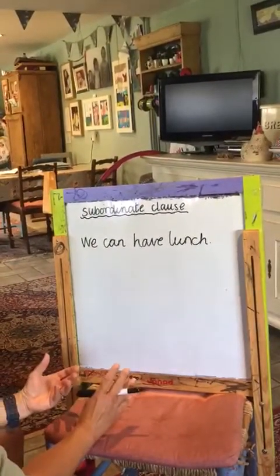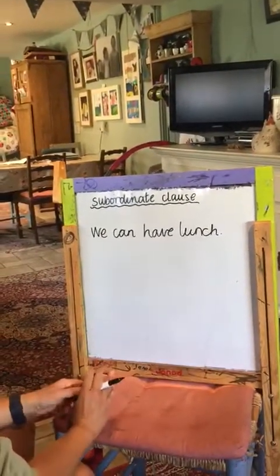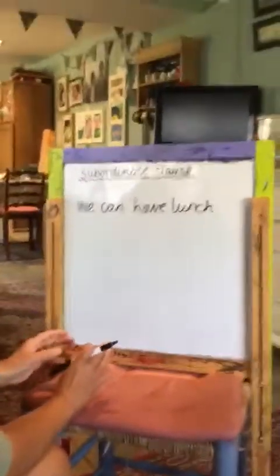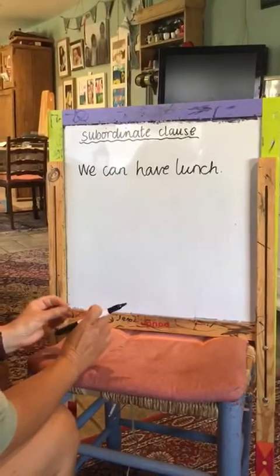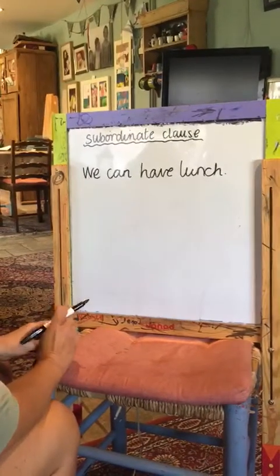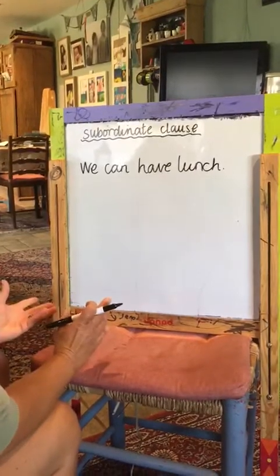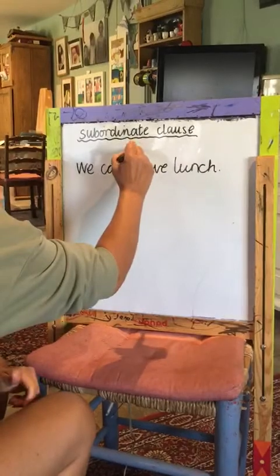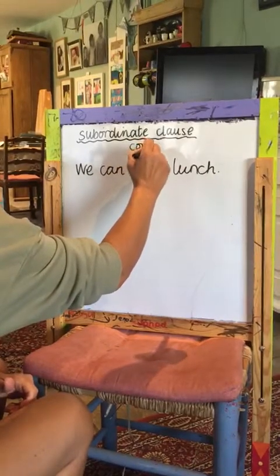I need to add a second clause, which will be my subordinate clause, and I need to use a subordinate conjunction almost to act like the glue to join the main clause to the subordinate clause. So I now need to think about what that glue can be. So what subordinate conjunction would I choose?